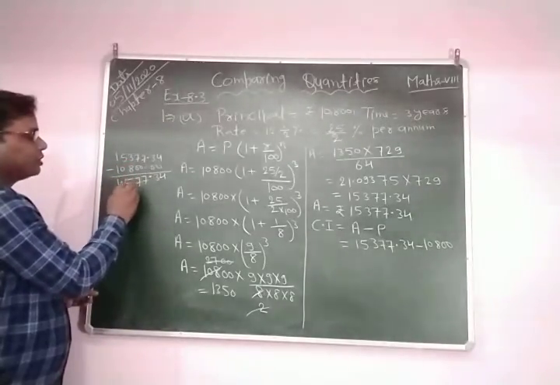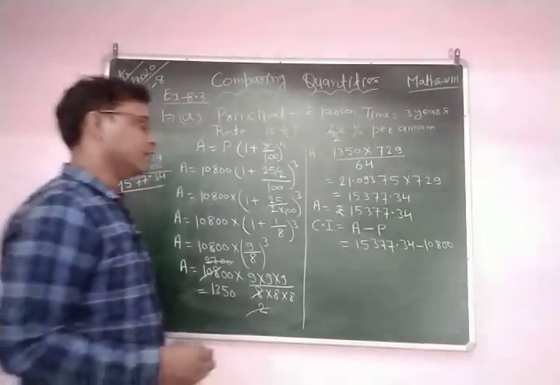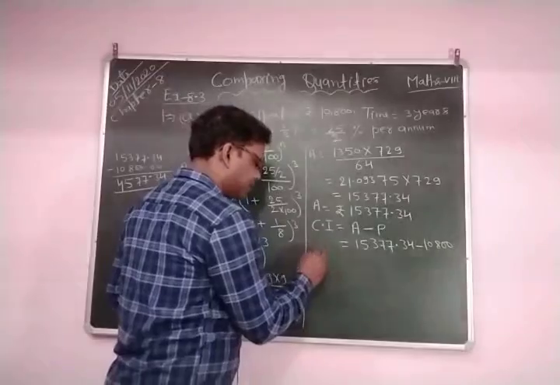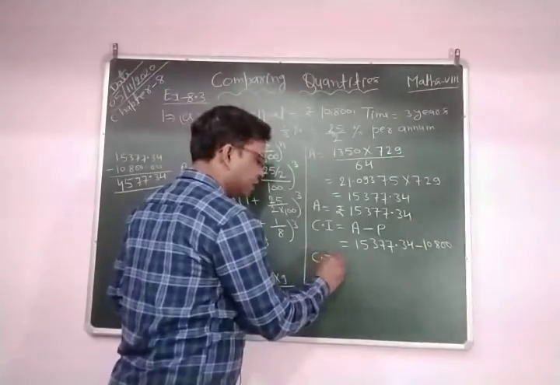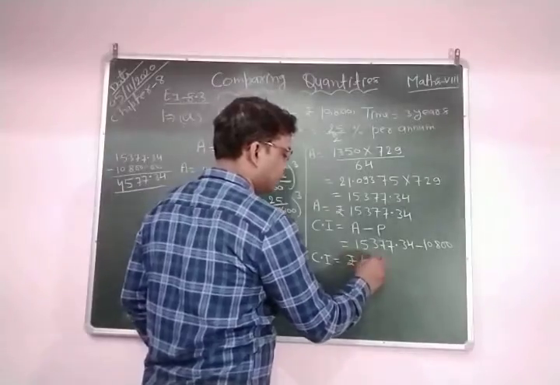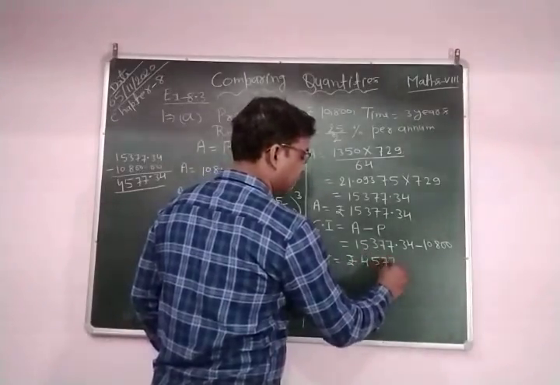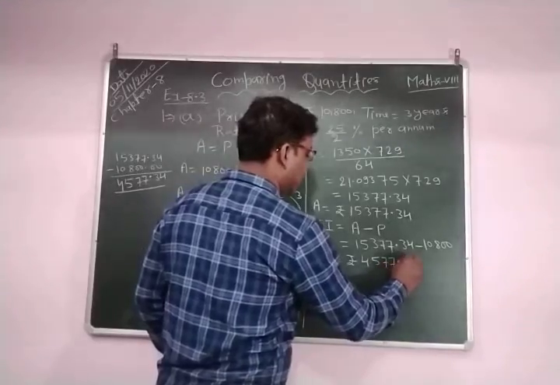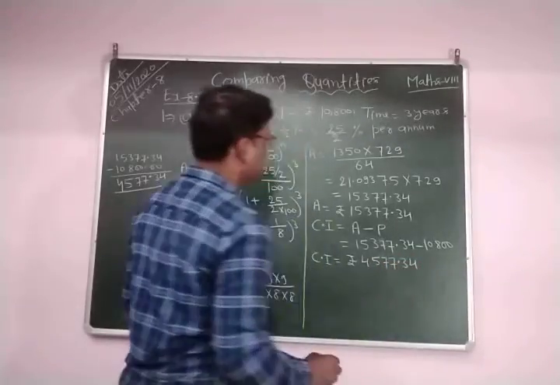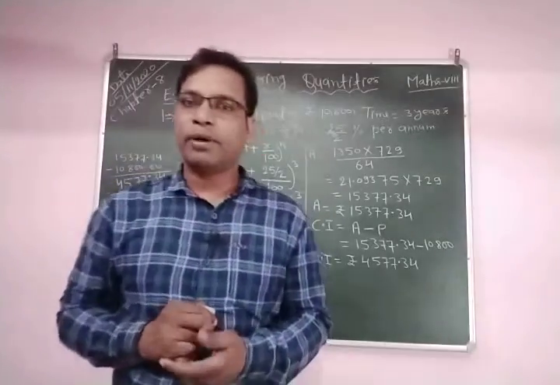So 4,577.34 rupees is the compound interest. This is equal to rupees 4,577.34.